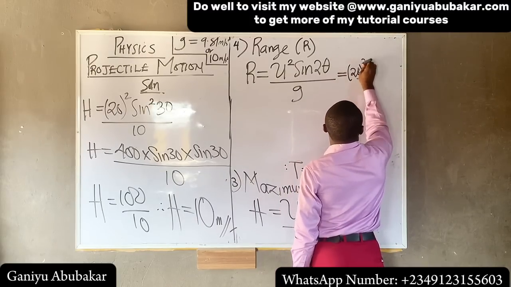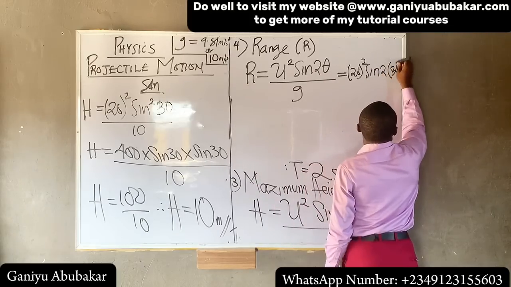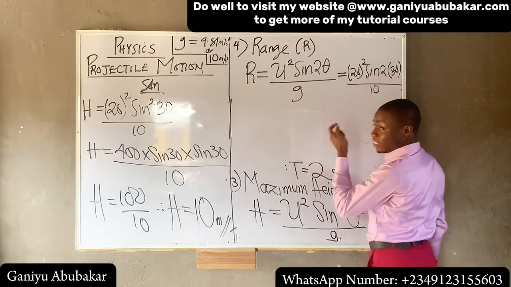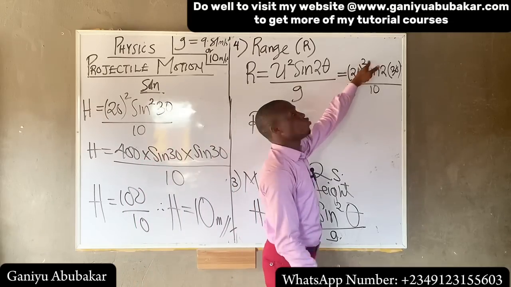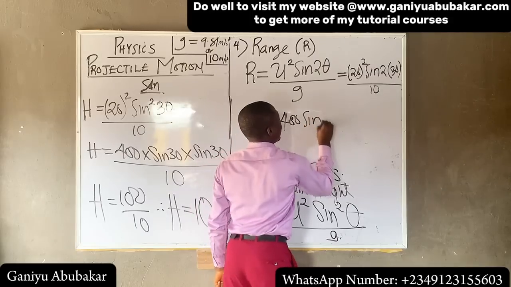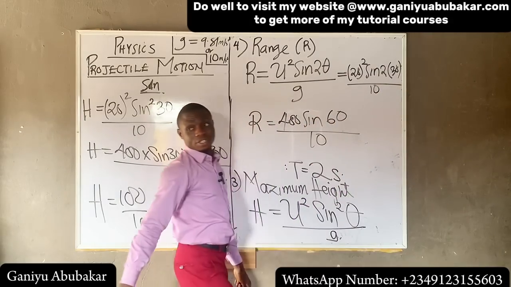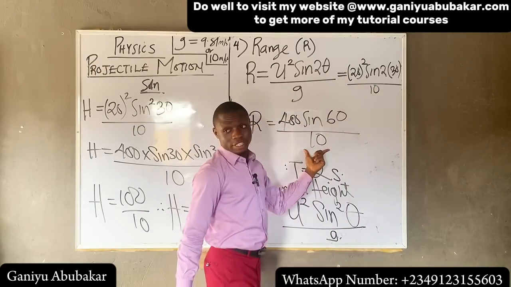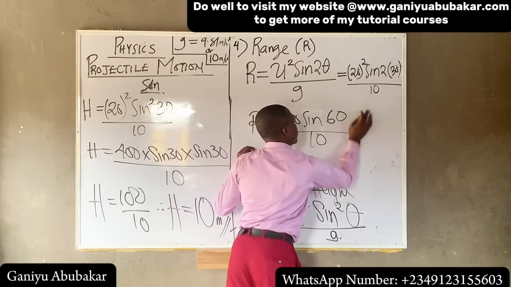So 20 squared, sine 2 times theta, 30, over 10. 2 times 30 is 60. So R equals 20 squared, 400, sine 60 over 10. Sorry, I wrote 10, I said 100. It's 10. So what's my final answer, please?